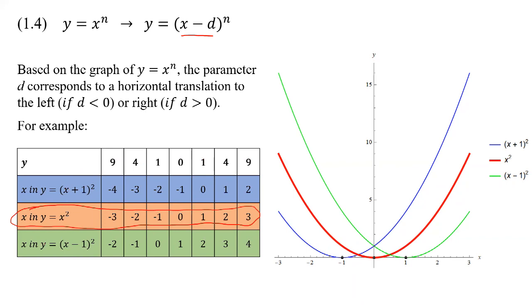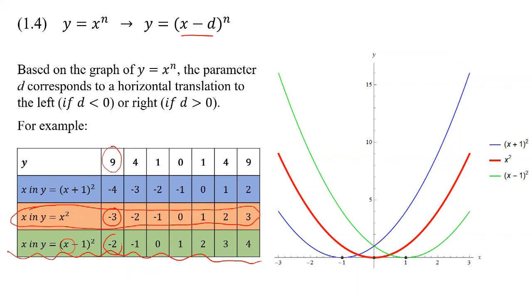Okay, so now let's consider this new function here. If we subtract 1 to the x in the original function, in order to keep the y unchanged, this time the x must be enlarged by 1, right? So if the original value is -3, in order to keep the y still be 9, the x value in the new function must be 1 unit larger, right?